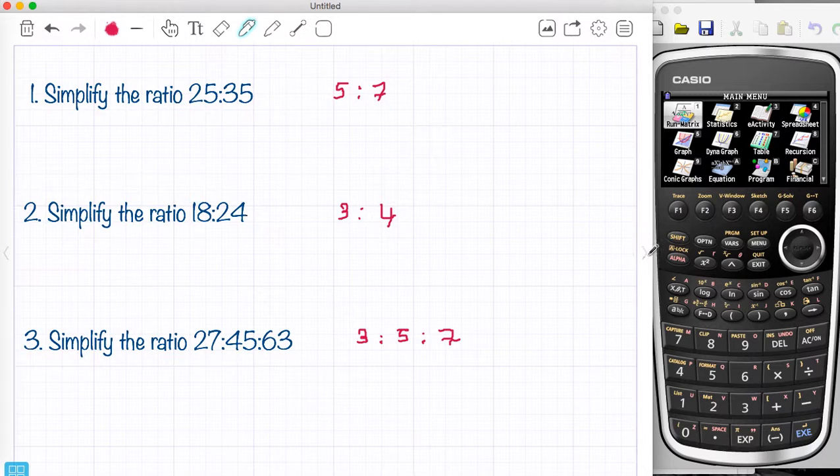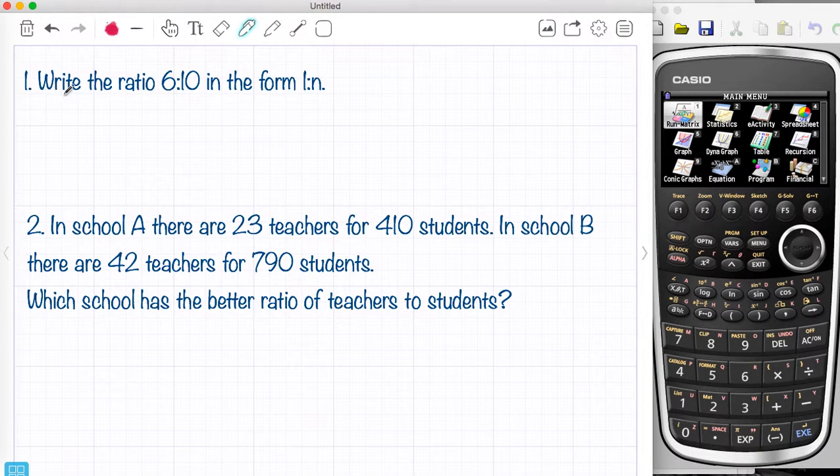But we're going to have a look at what happens if we're asked to write a ratio in the form 1 to n. So you started off with 6 and 10, and now you've got this one as 1, and you're trying to find n here. Well, you've taken 6 and you've divided it by 6 to get the 1.